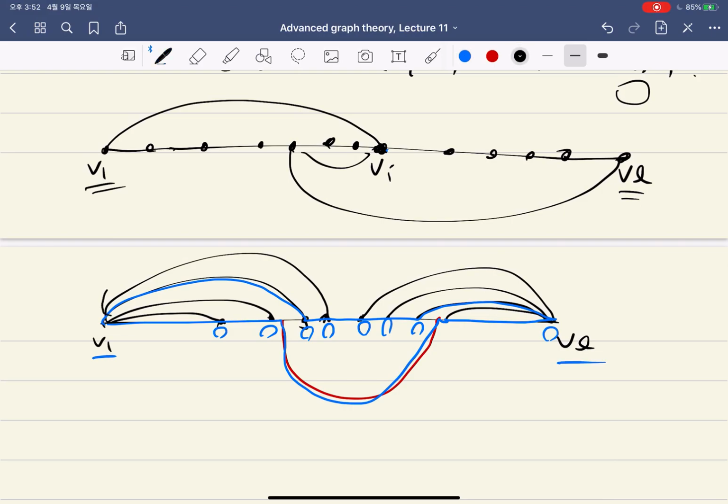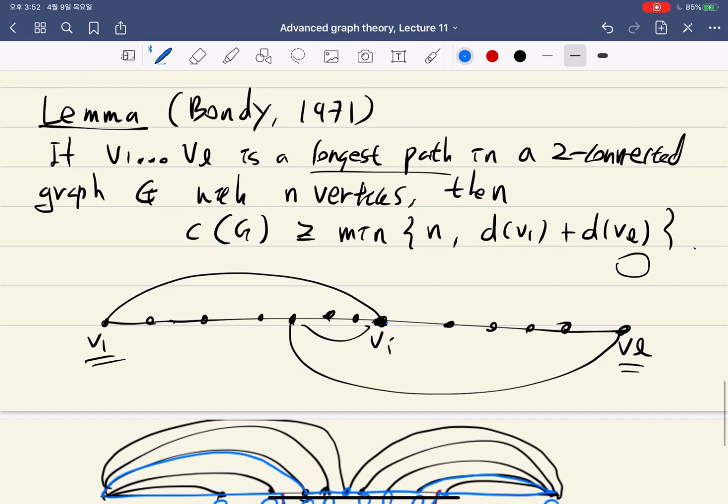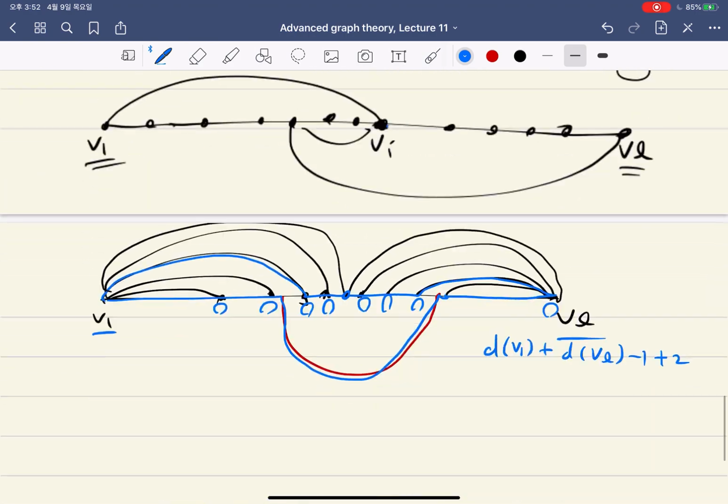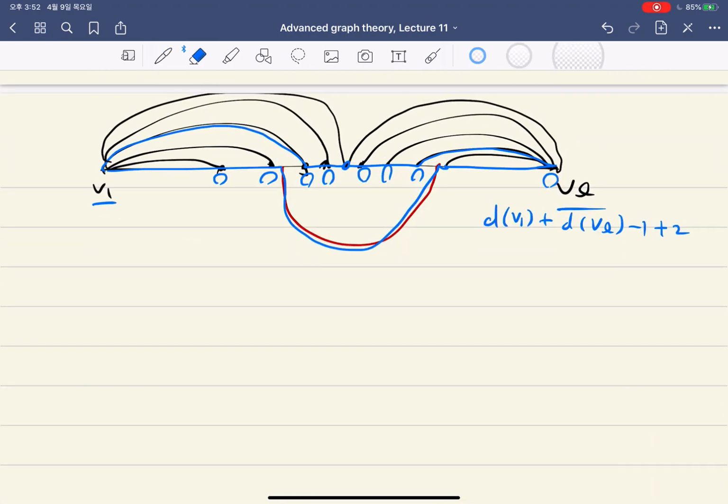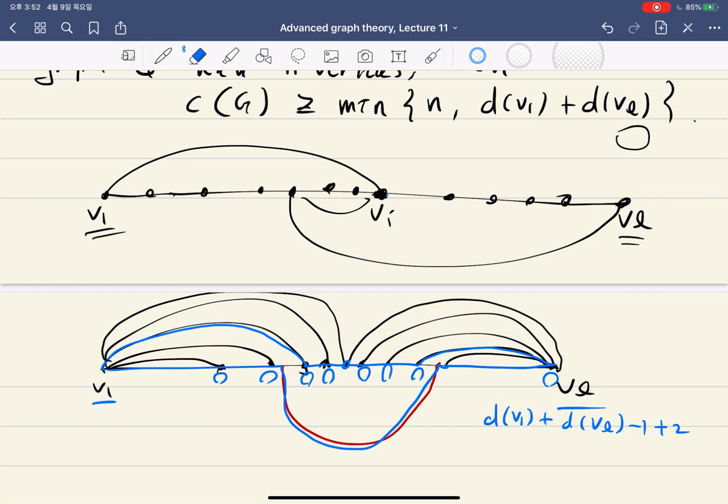There could be one case, say, which is one common neighbor of P1 and PL. So this actually takes care of P1, PL minus 1 plus 2, say. So we get a long enough cycle. So that's how we want to proceed.